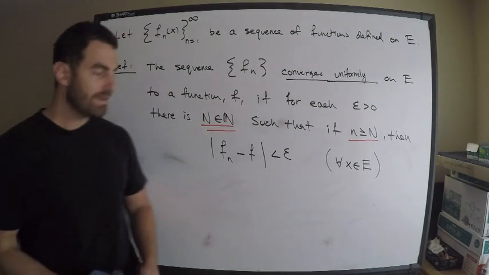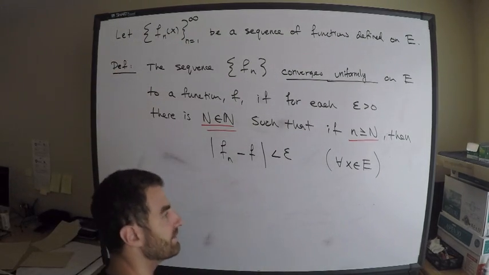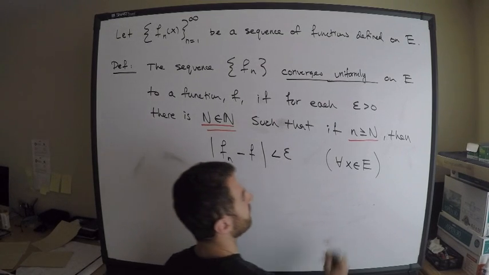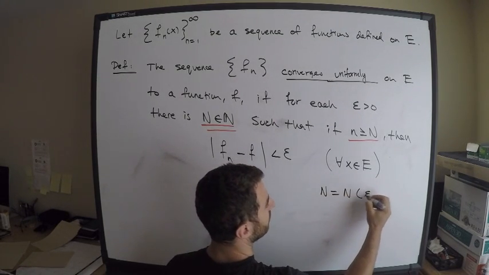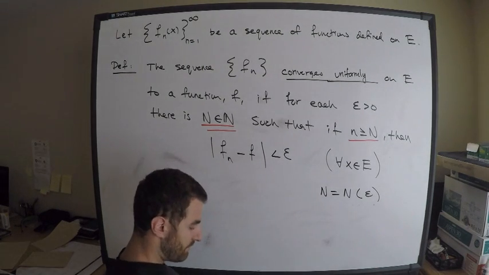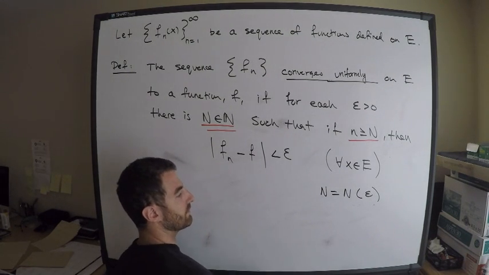So what I'm saying here is that when we make the choice of capital N, N will, in this case, only depend on epsilon. It does not depend on x at all.